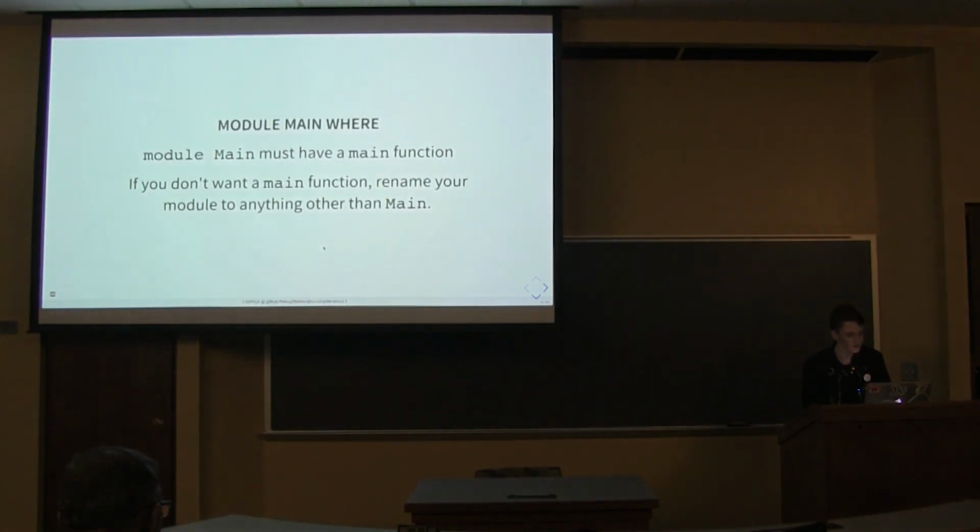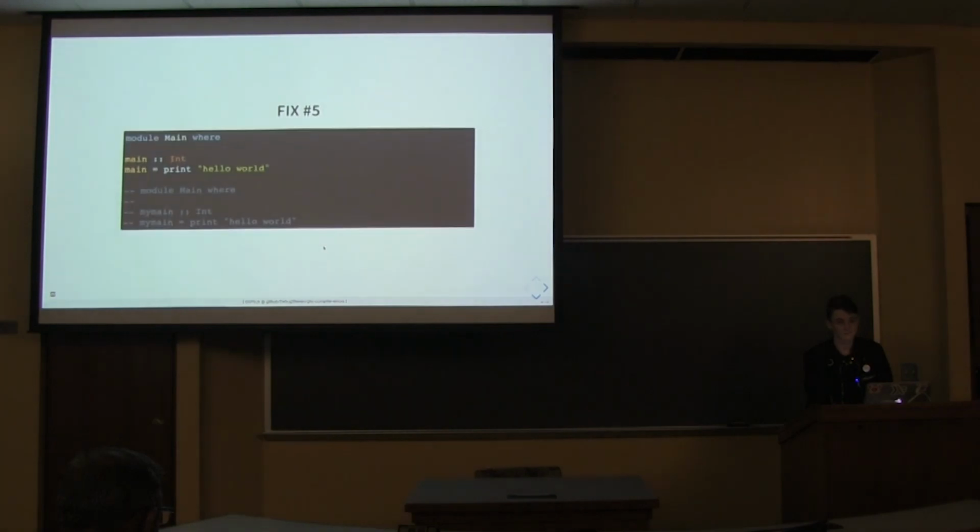The rule here is that if you have a module main, you have to have a function called main. And if you don't want a function called main, just rename your module to anything else, anything that starts with a capital letter. That's only if it's an executable, or declared as an executable, or a test. I'm just talking about generic files.